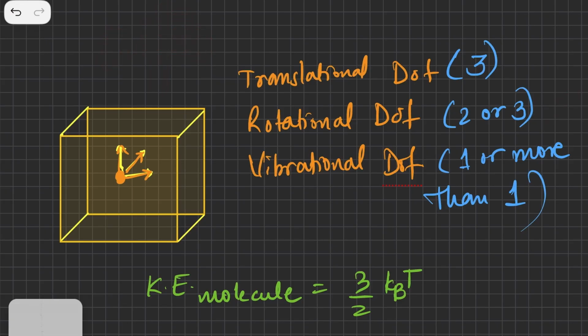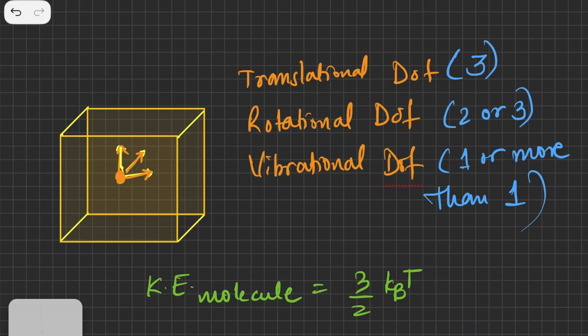Now there might be 2 rotational degrees of freedom, or at most we can have 3 rotational degrees of freedom. Also you should note that translational degrees of freedom is 3. Maximum you have 3 axes, x axis, y axis, and z axis. Regarding vibrational degrees of freedom, it can have 1 or more than 1.